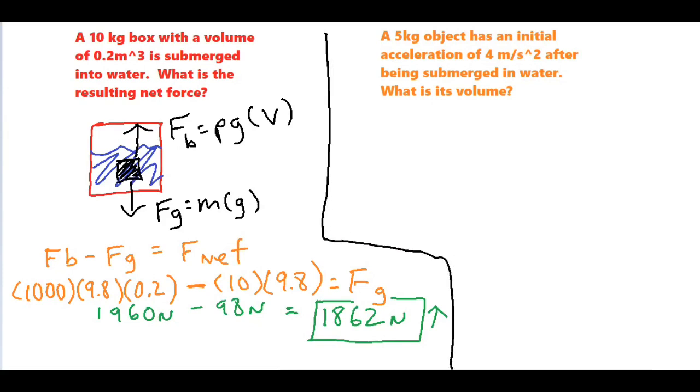And we have an object that's 5 kilograms and has an initial acceleration of 4 meters per second squared after being submerged in water. What is its volume? So in this one, we have a similar case, except it's giving us some kind of acceleration. We know the forces are unbalanced, and we're working our way around to solve for the volume.